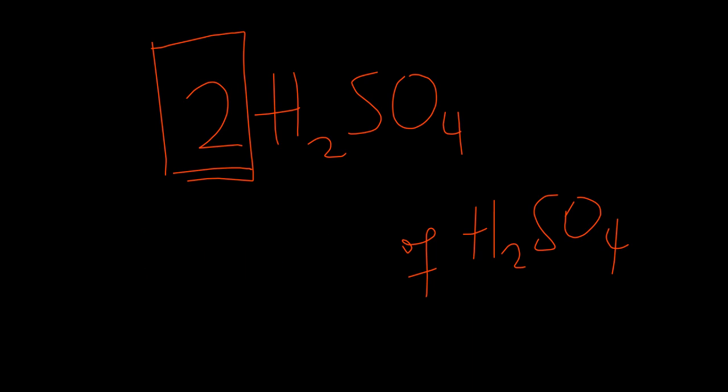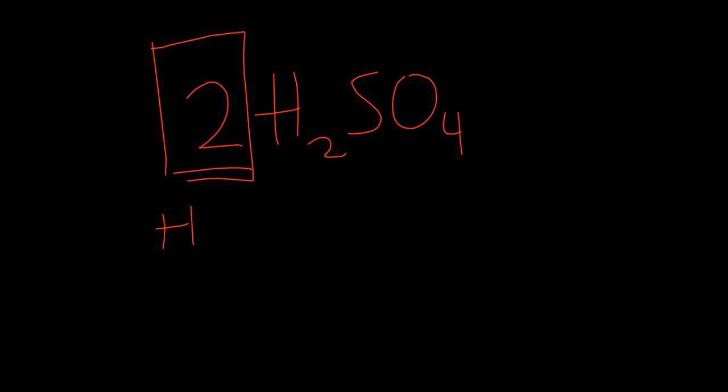So first, we need to know how many elements are in H2SO4. You can have hydrogen element in there, you can have sulfur element in there, and you can have oxygen element. So there are three elements in H2SO4, two molecules of H2SO4. However, let's look at the atoms. Now, how many hydrogen atoms are in there?